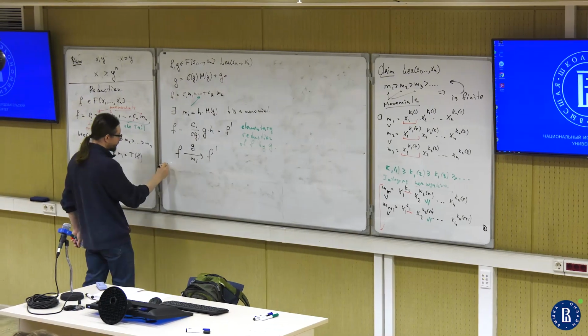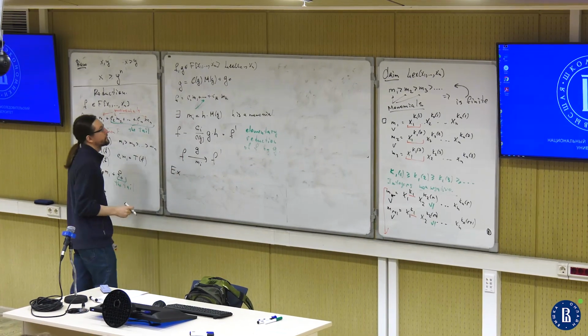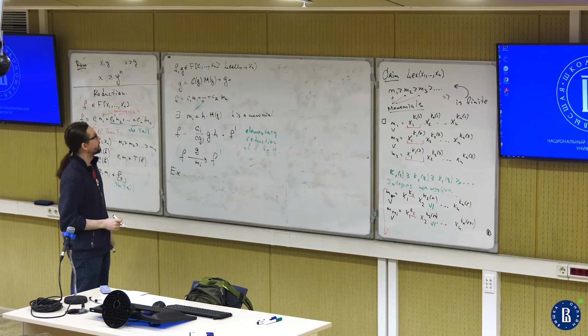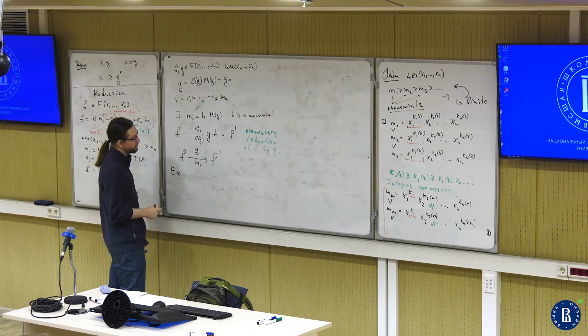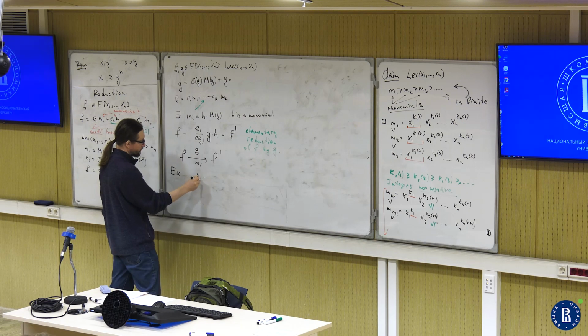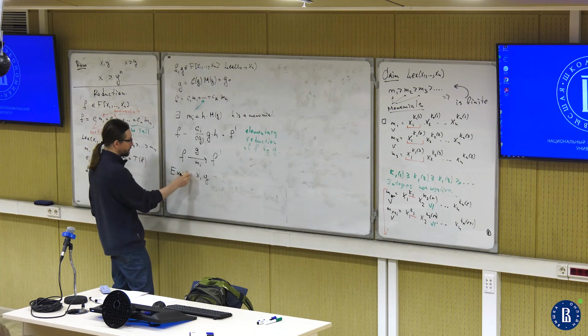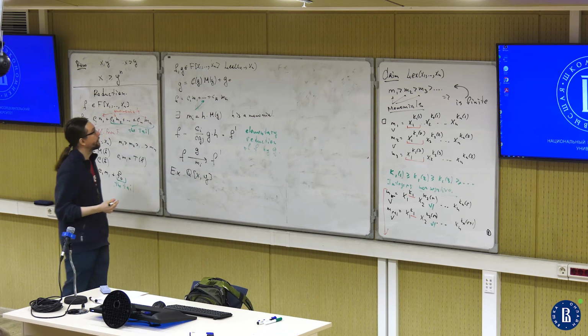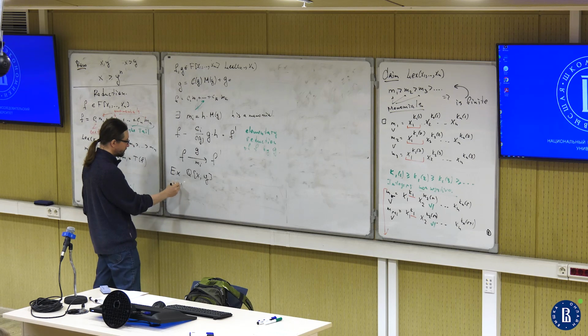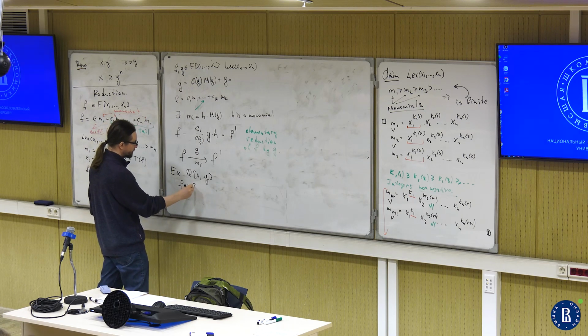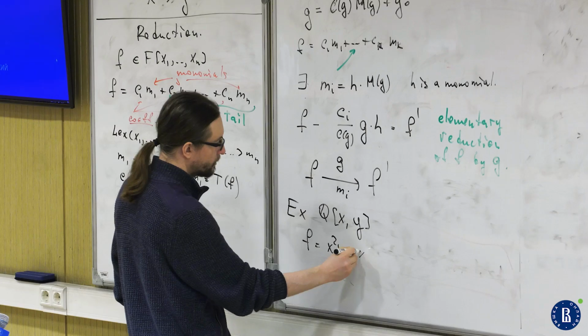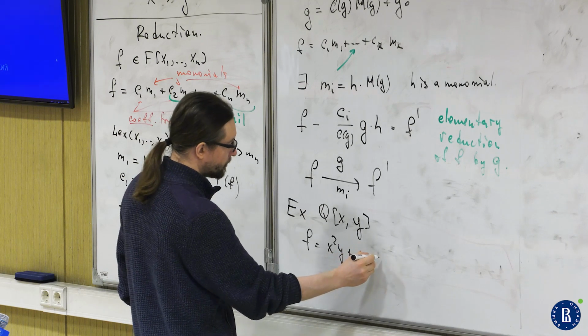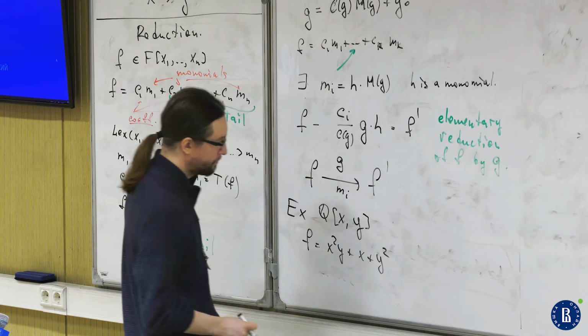Okay, an example. Let's say we have how many variables? Let's say 2, x and y. And the coefficients are rational. Now, suppose f is x squared y plus x plus y squared.